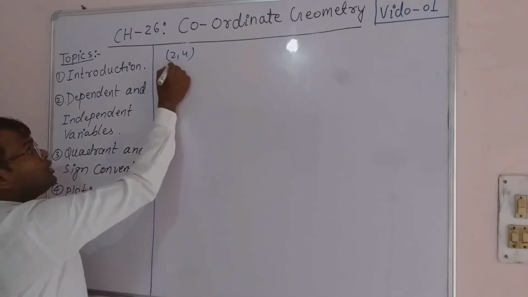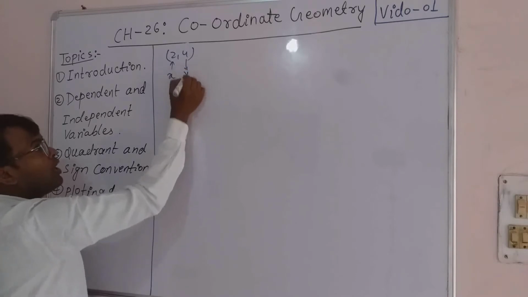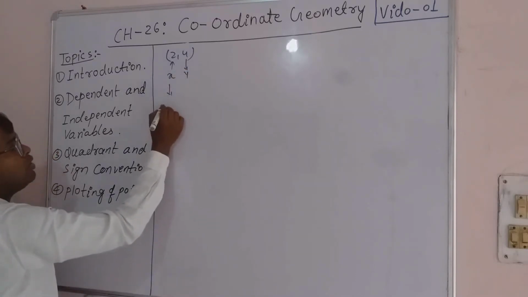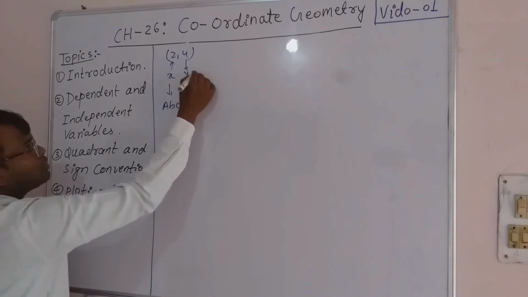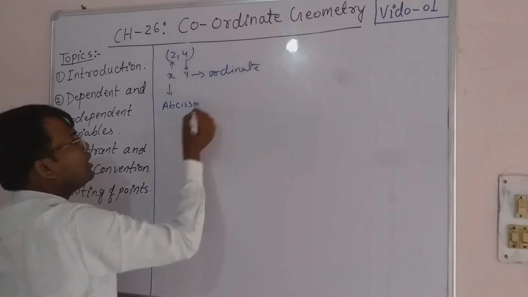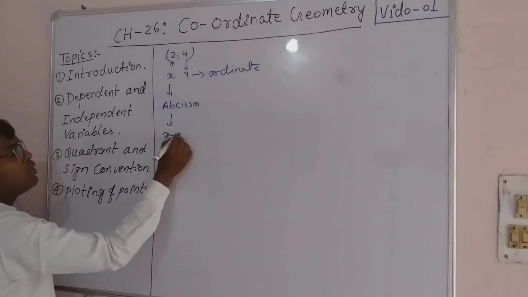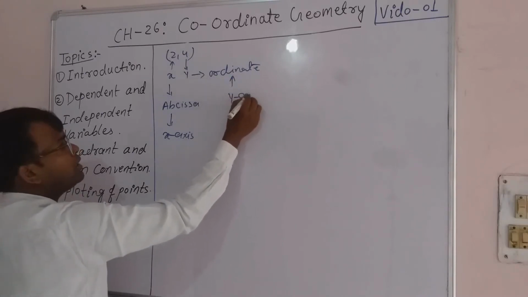This 2 is denoted for x and this 4 is denoted for y. Here x is called the abscissa and y is called the ordinate. The abscissa is for the x-axis and the ordinate is for the y-axis.